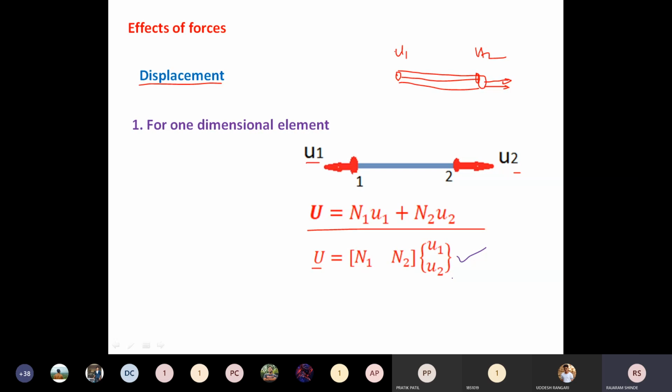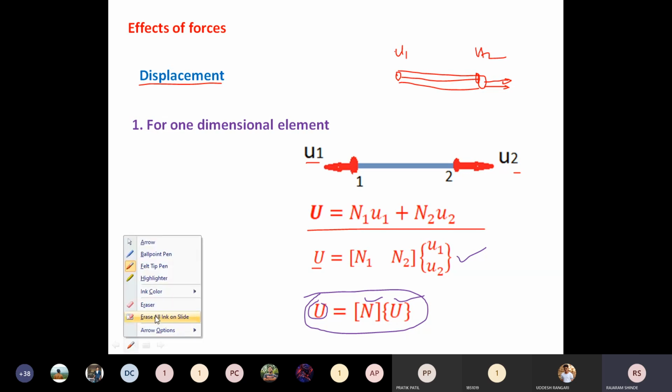Now in short, we are writing this equation, and this is a general equation for all elements. Depending upon the element and its degrees of freedom, the shape function and u will change. That I will explain here. You have to remember this equation.